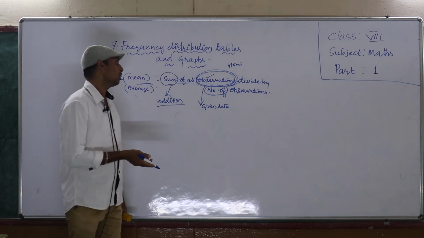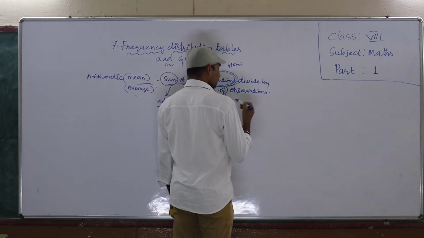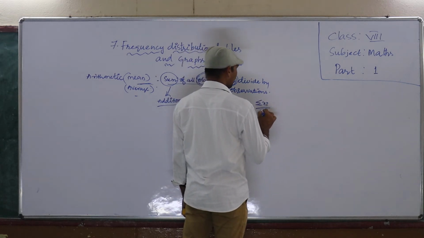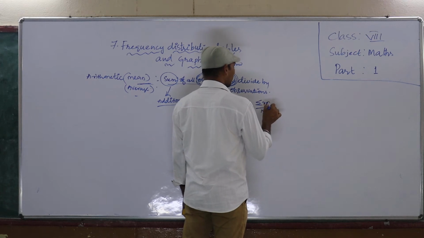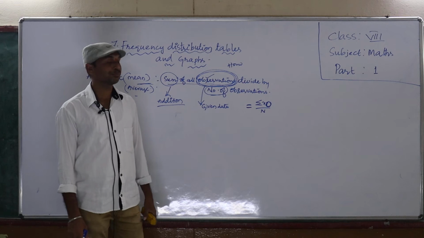Symbolically, if you write it, it is sigma xi by n. Here i is the index, and xi is the given observations.